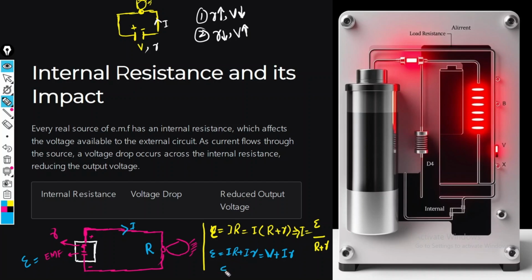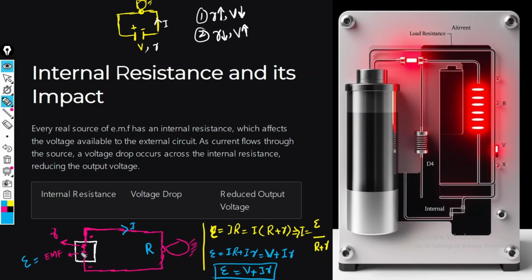In this case, the electromotive force for this circuit is given by the potential difference through this resistor, in this case the bulb, plus the potential drop through the internal resistance, which is the current I and this small r. This is the equation for the electromotive force.